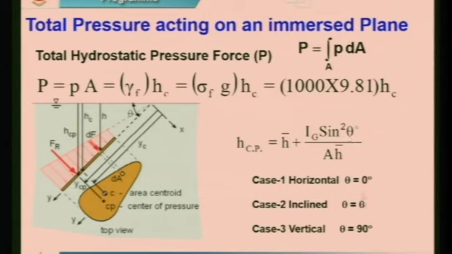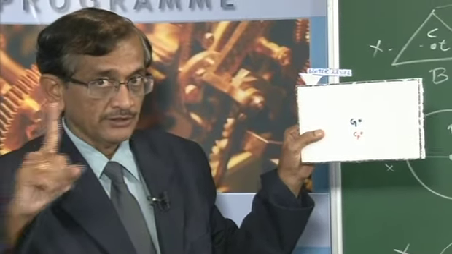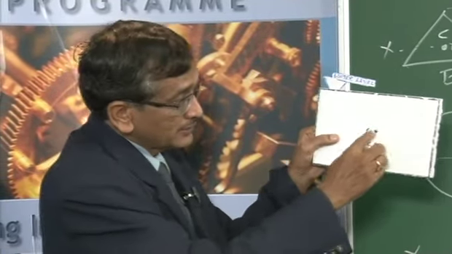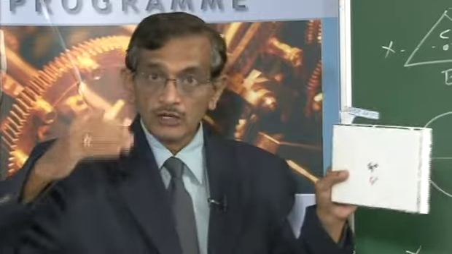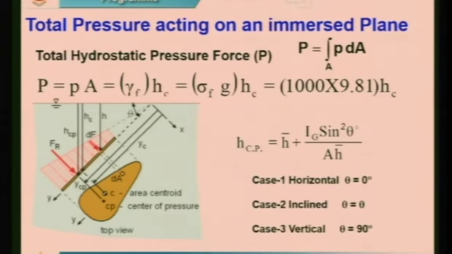What is theta now? Sin 90 is 1, so sin square theta is 1. So, H bar plus Ig by A H bar, which may be slightly below. So, we have 3 cases in which we are going to work one by one. Is it okay? Are you ready with the formula?